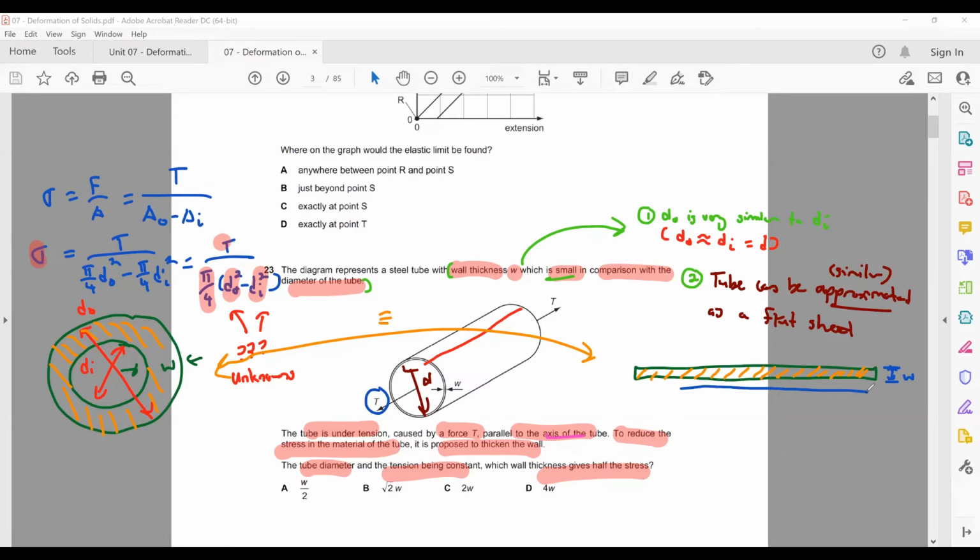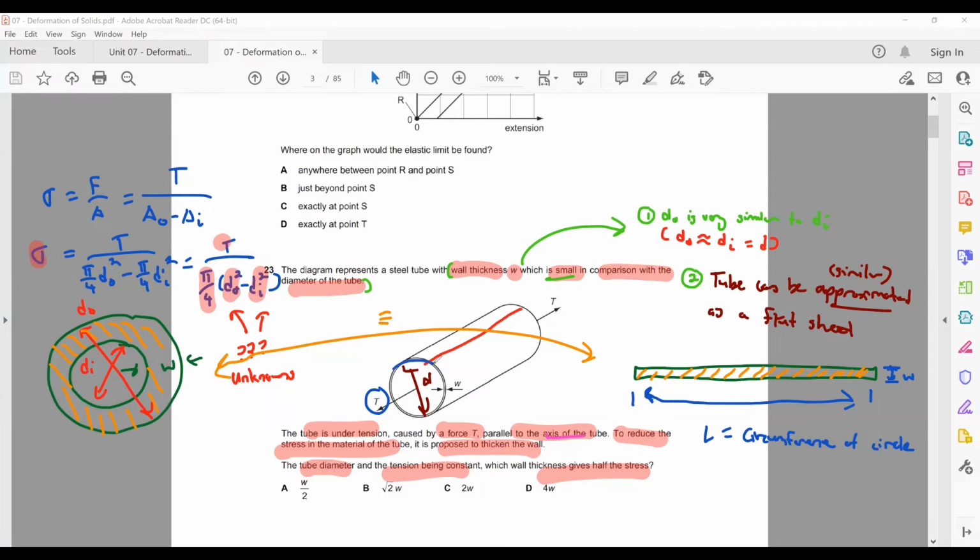And then this one here, length L, is actually the circumference of the circle.